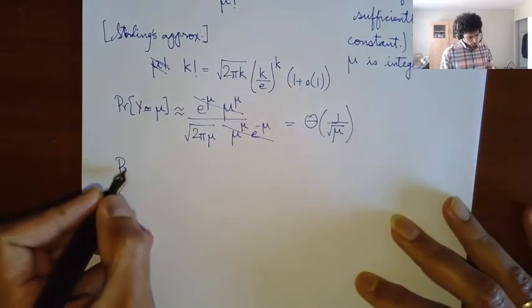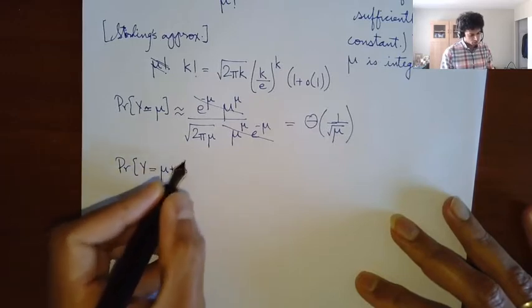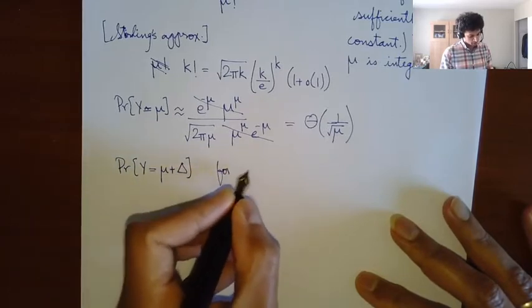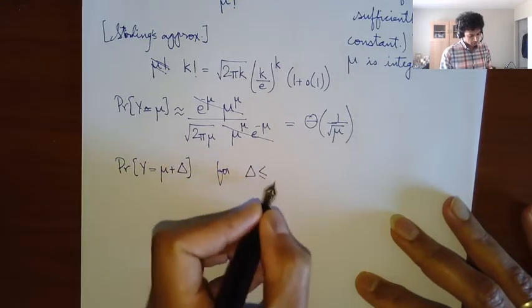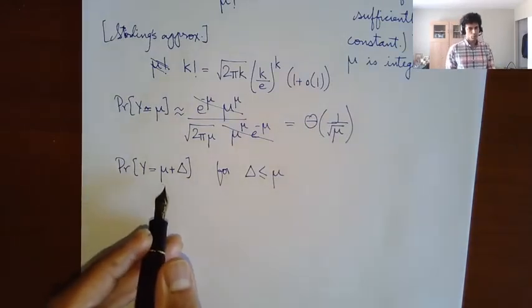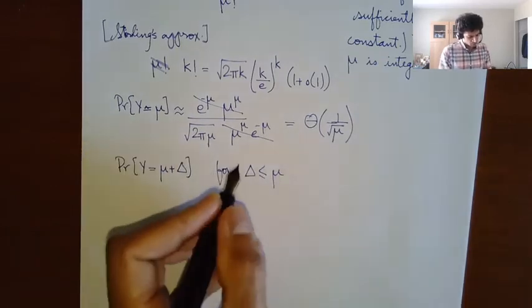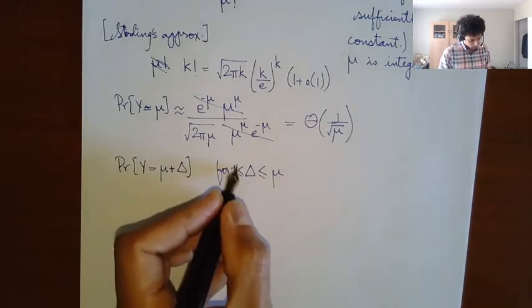Okay, now let's go one step further. What is the probability that y is going to take the value mu plus delta for some delta that is smaller than mu? So I'm looking at deviations around mu. I'm looking at the probability that the Poisson is going to take exactly the mean plus some deviation. And this could even be a negative deviation, right?